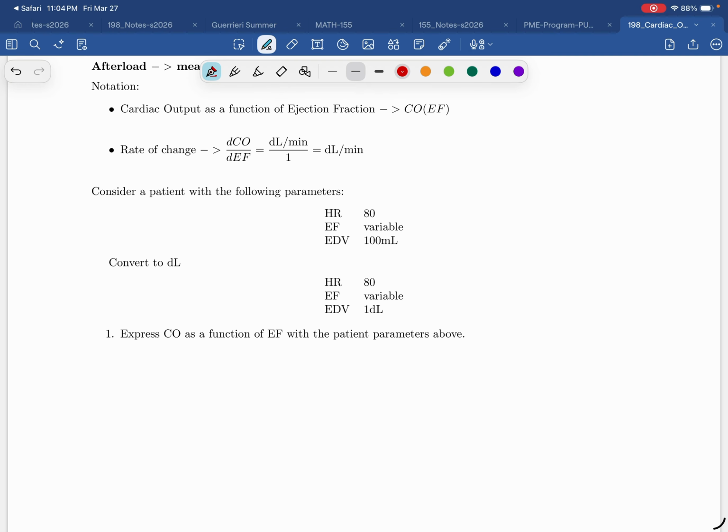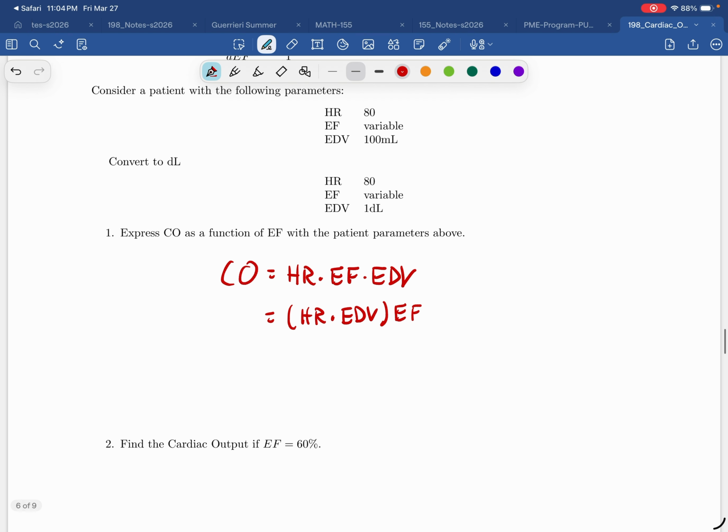So if we're going to express cardiac output as a function of ejection fraction, let's remember what we expressed cardiac output as before, and rewrite things so that our variable is on the outside.